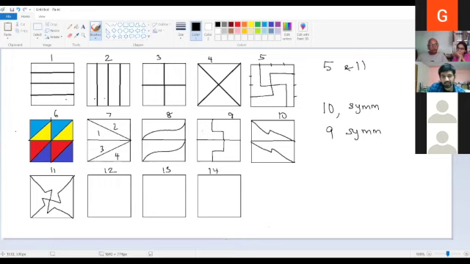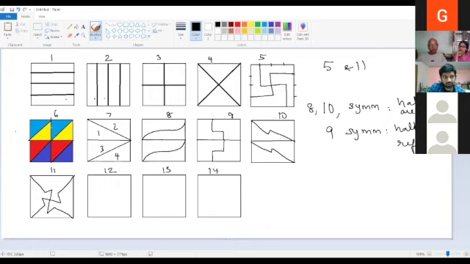But in 9, the halves are reflections, but in 10, or for example 8, the halves are the same. So here you are dividing the square into two rectangles, and you are dividing both the rectangles in the same way.